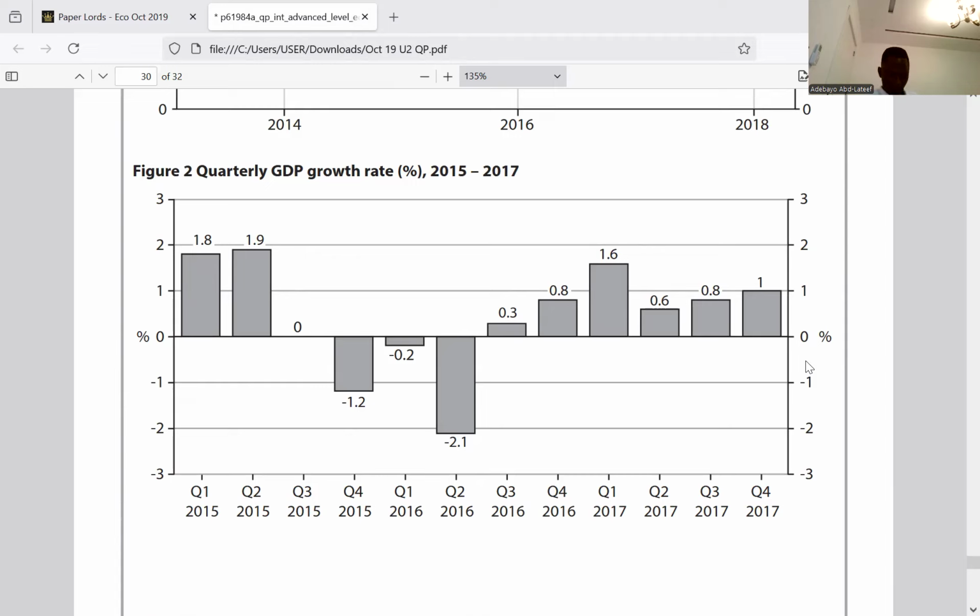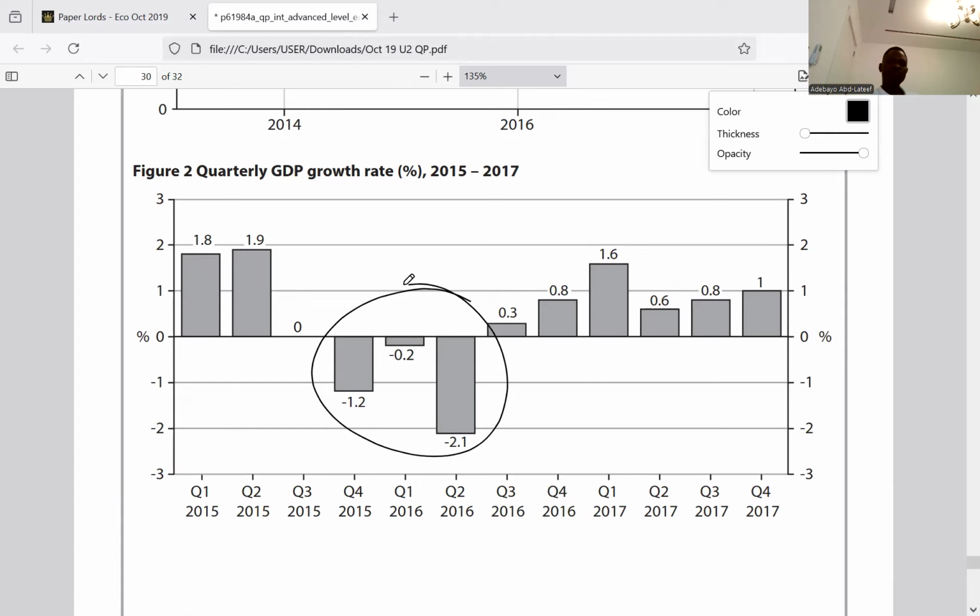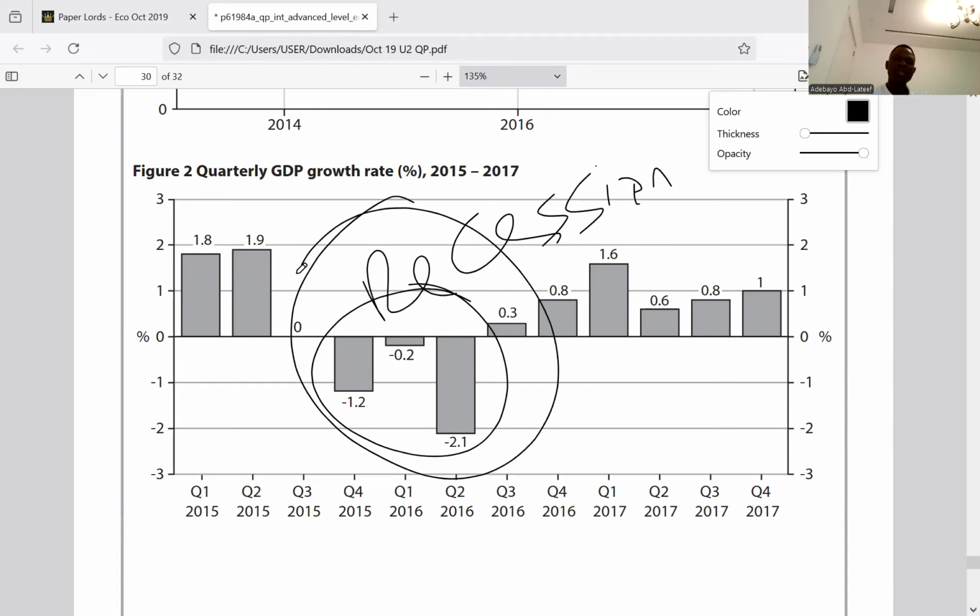Question C. With reference to extract B. So here the recession is between quarter 4 of 2015 to quarter 2 of 2016.